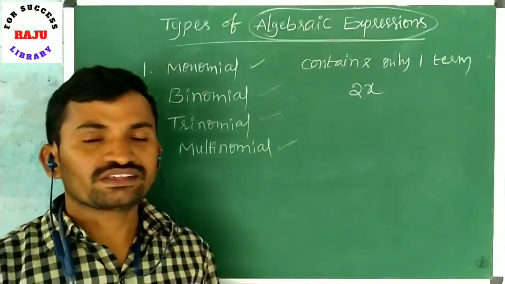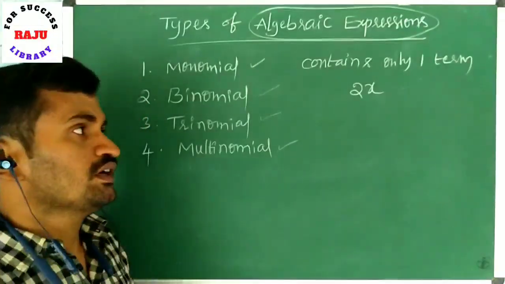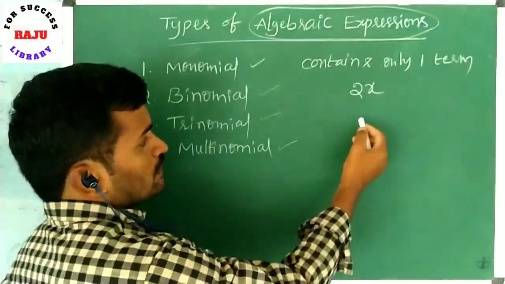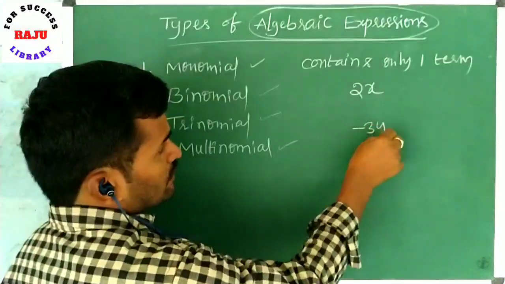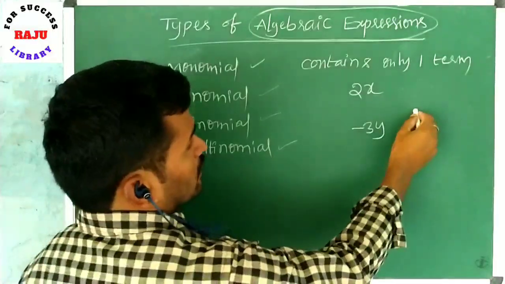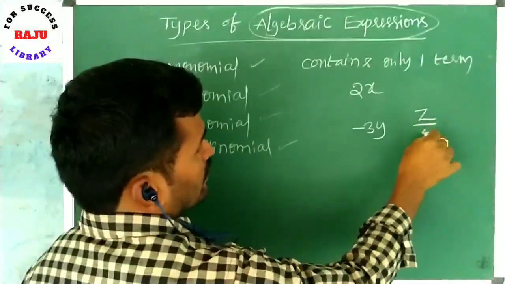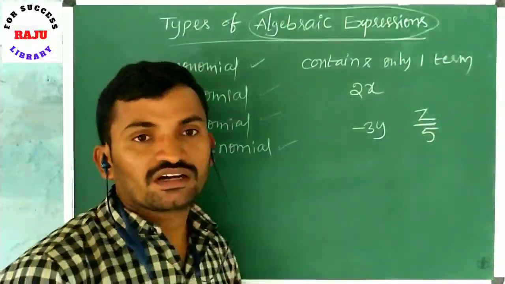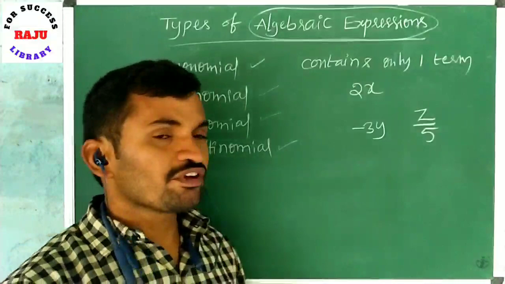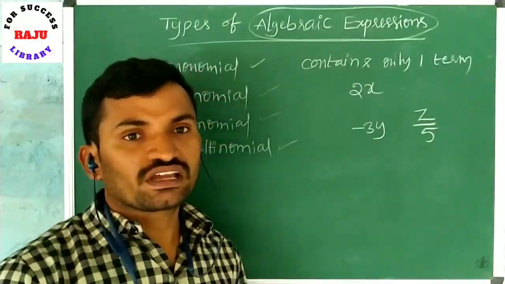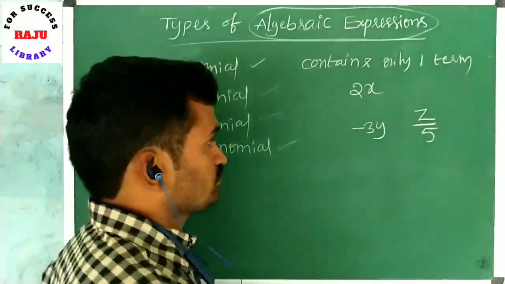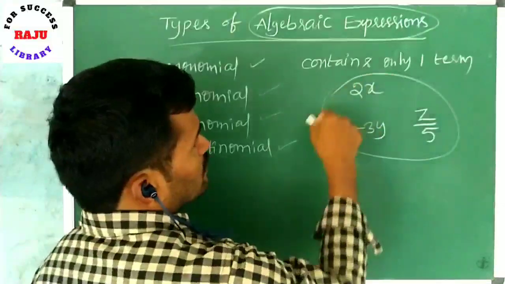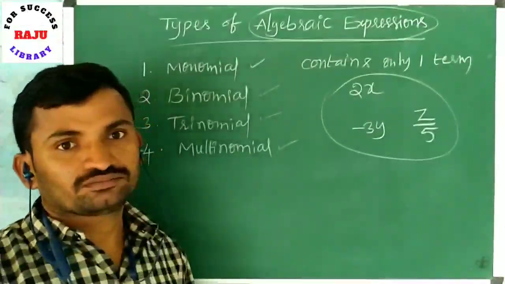Monomial means a single term. Whatever you take, I am taking 2x here. You can take minus 3y. You can take z divided by 5 also. Here z is a variable, 5 is a constant. z by 5 is also a single term. It is also a monomial. So these are the examples for monomials.